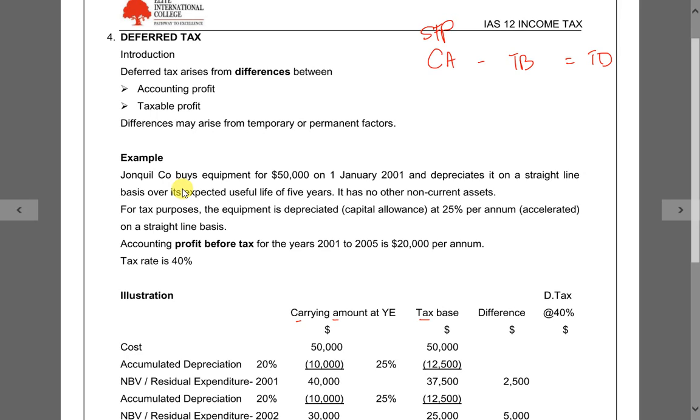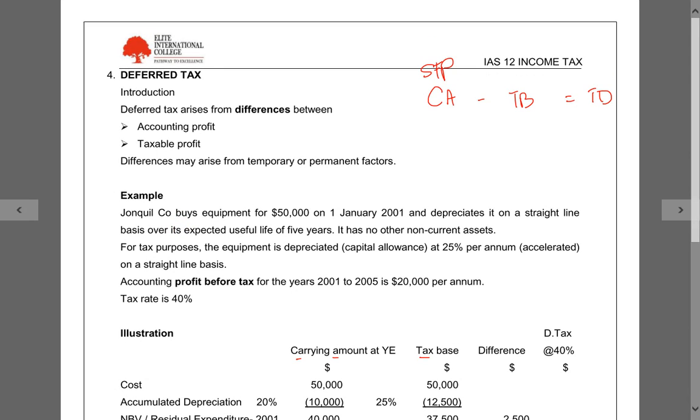So knowing that our SFP, our accounting is always on what basis? Accrual or cash basis? Our SFP is always on accrual basis, accounting. But tax can be accrual basis, can also be cash basis. If both are accrual basis, do you think there will be difference?